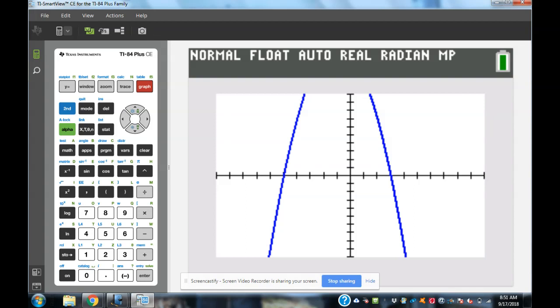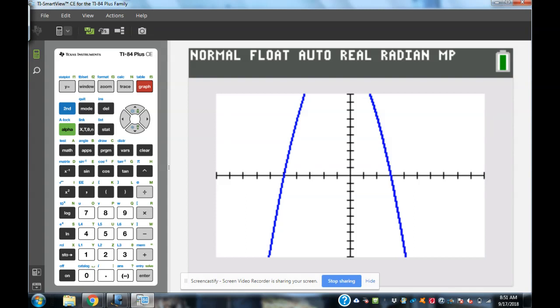If I want to move my window a little bit, there are a couple of options.